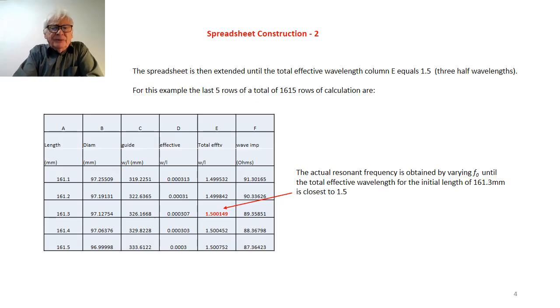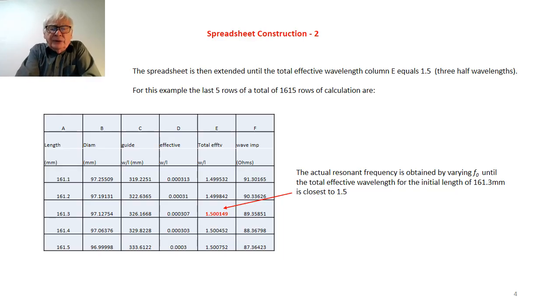At this point, we identify this cell, which is actually where the input length is 1611.3 millimeters, and the total effective wavelength is as close to 1.5 as we can get.